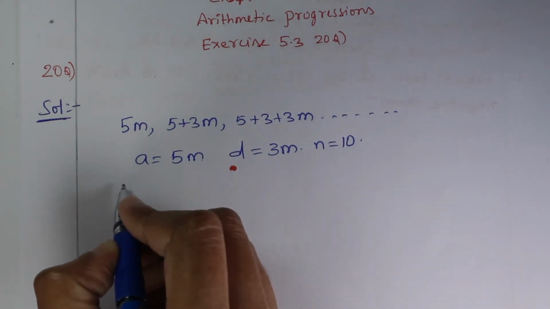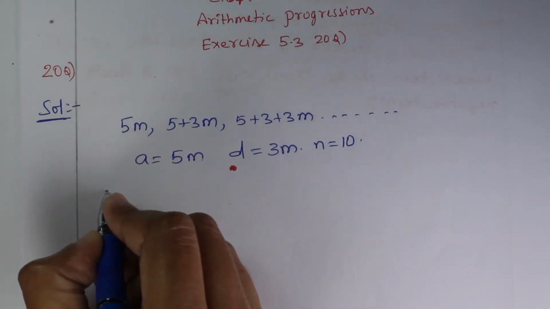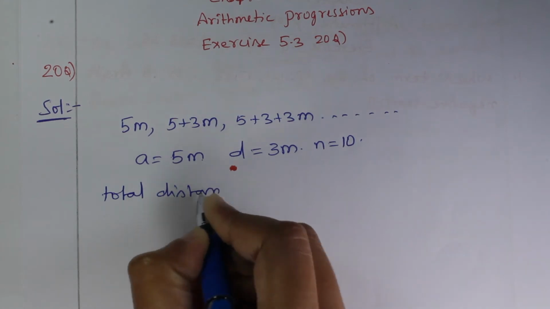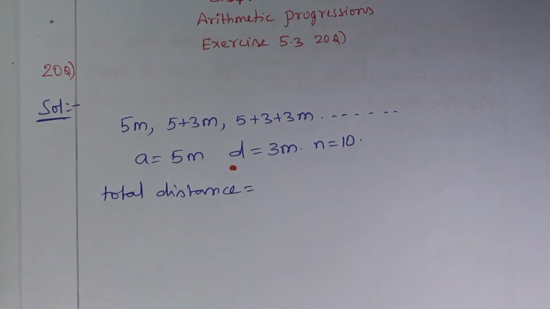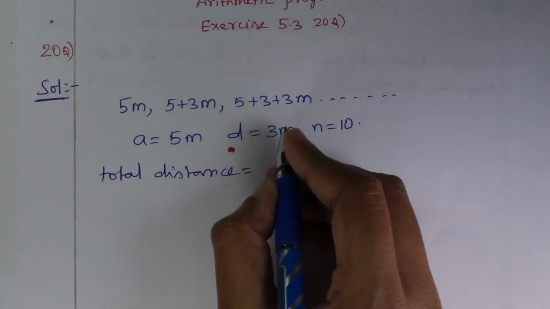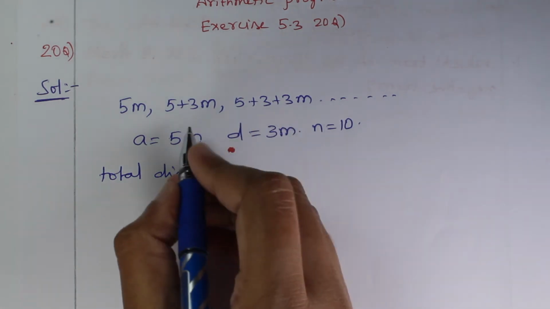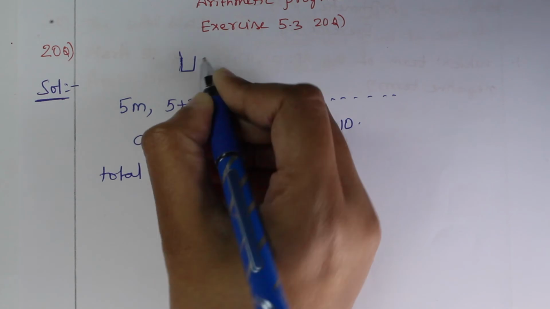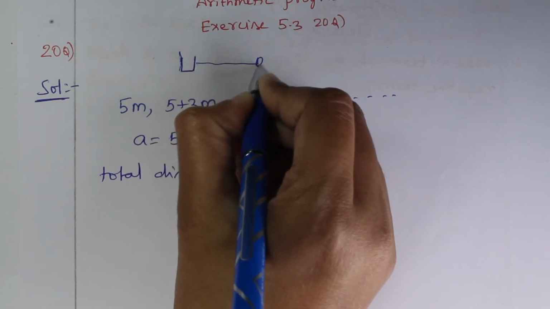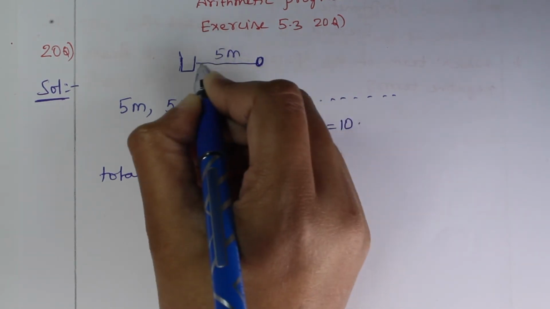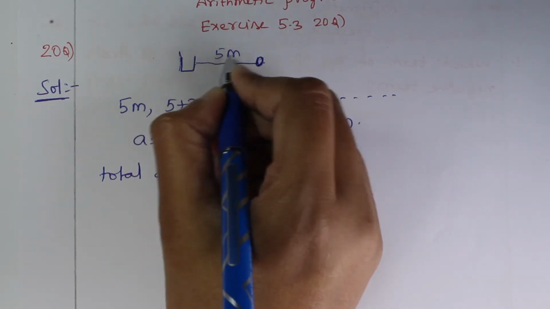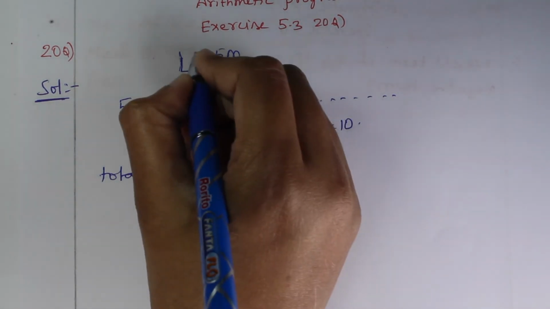So the total distance is equal to the distance travelled for the first time. This is the bucket, this is the first potato, this is 5 meters. So he comes to the potato and then goes back to the bucket. So it is total 2 into 5 meters, right?